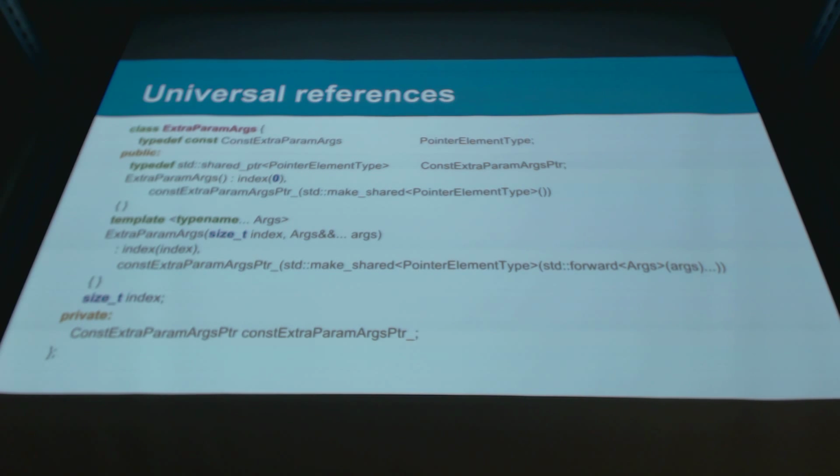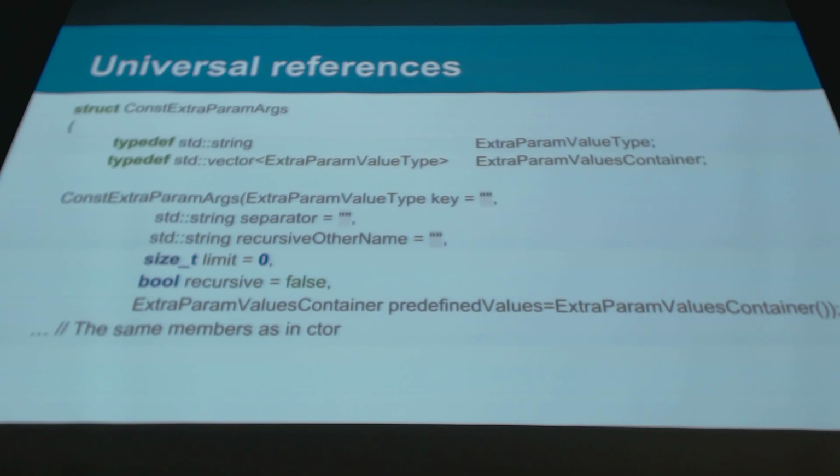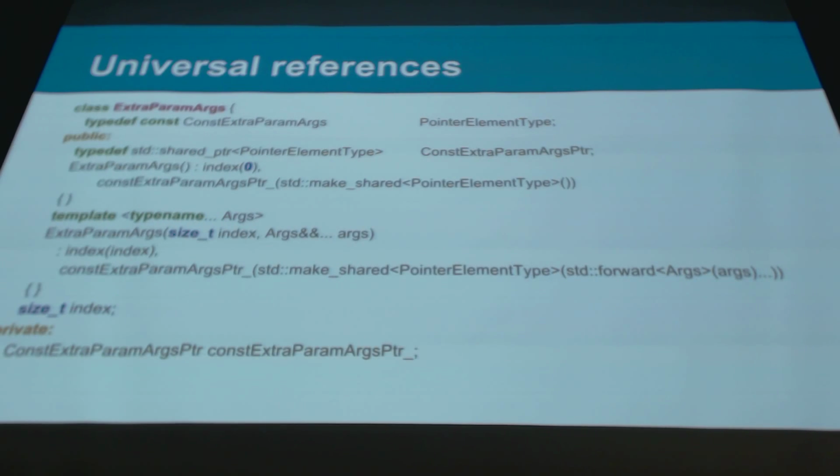So it will say, okay, I have a pointer to this, and I will not modify it. So I will have many classes like this that will point to the same const extra param args, and I will have something that will mutate. So we don't want to write the same constructor that has the same default params.